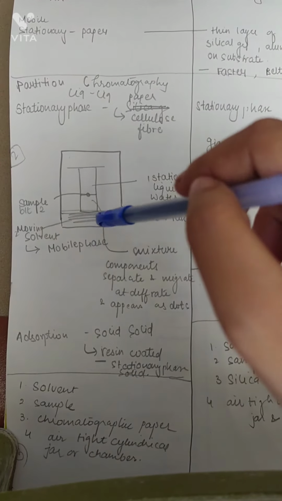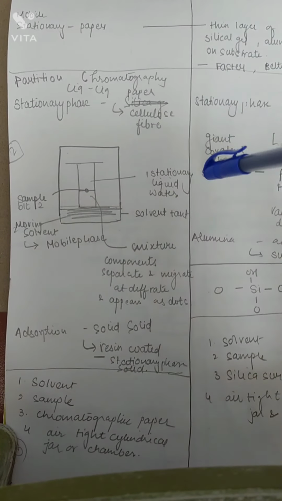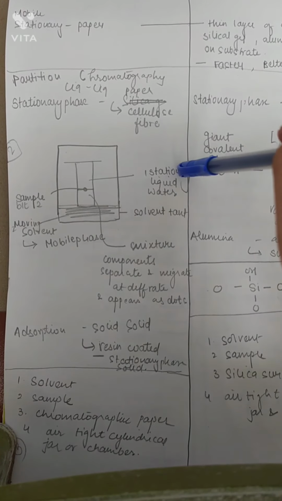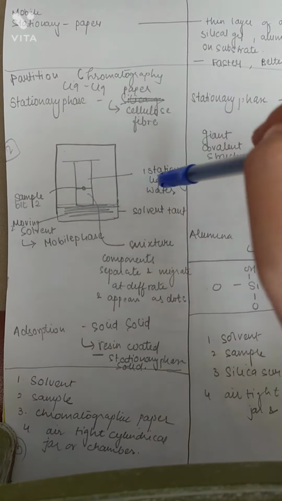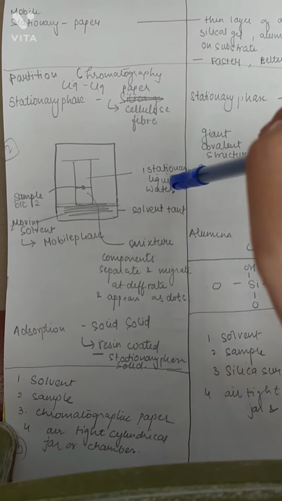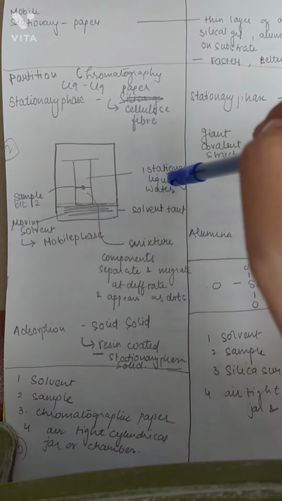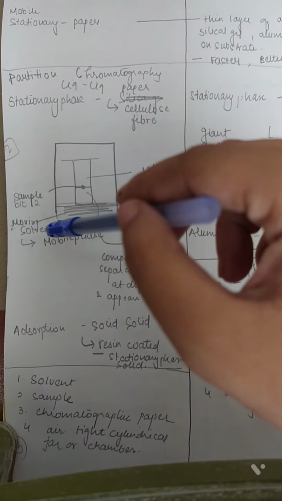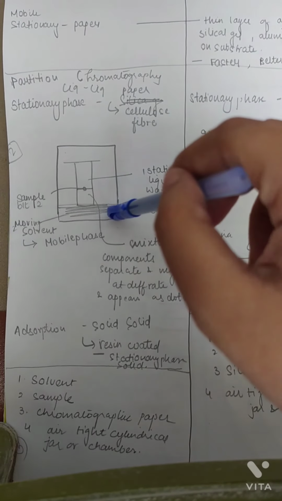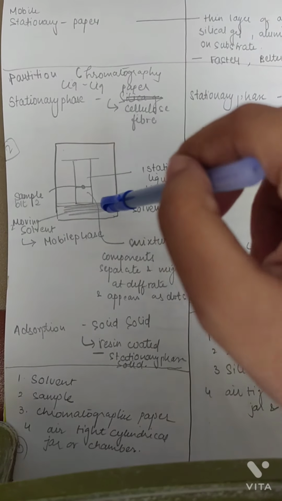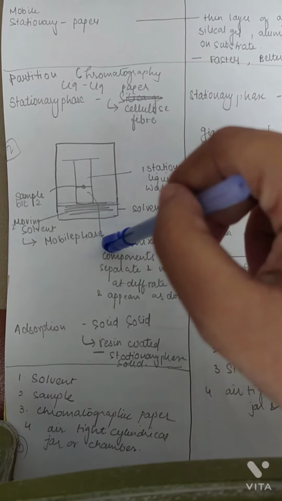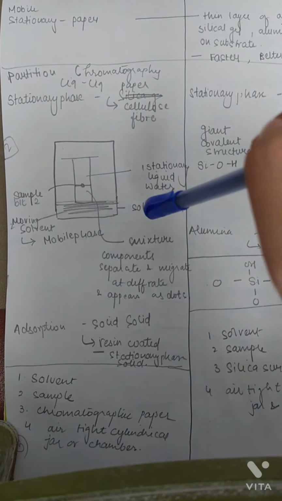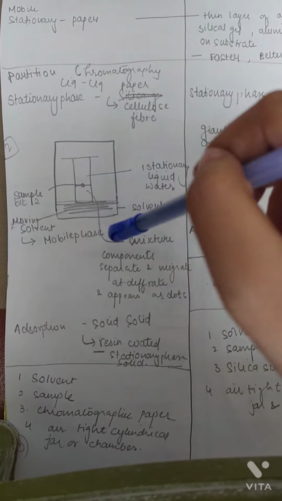So let's just discuss the principle. First of all, the stationary phase is liquid water, and second is this one, that is moving solvent, that is mobile phase. So this is a solvent tank.